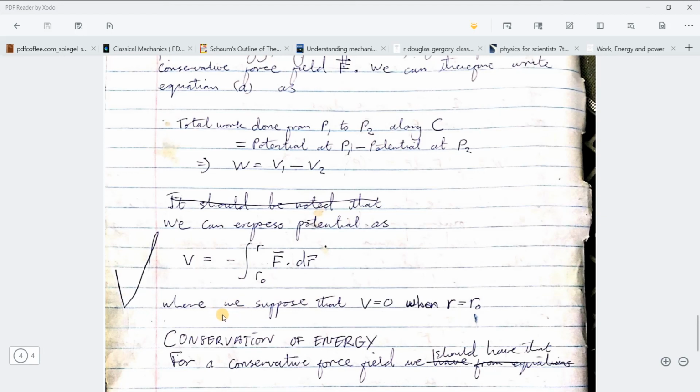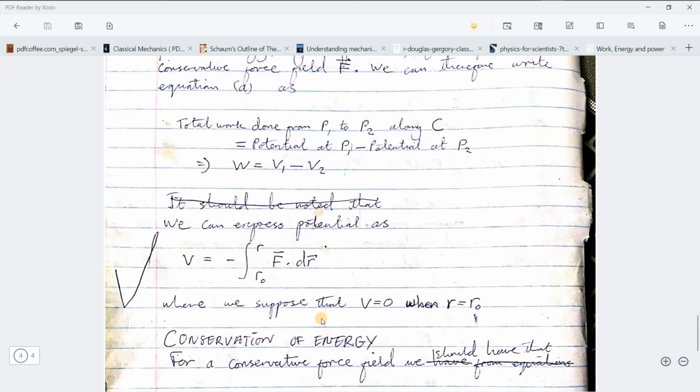Alright, and here we are saying that we suppose V equals 0 when R equals R0. So potential is 0 as long as R is equal to R0, because after integrating we have to take the difference to get the potential.